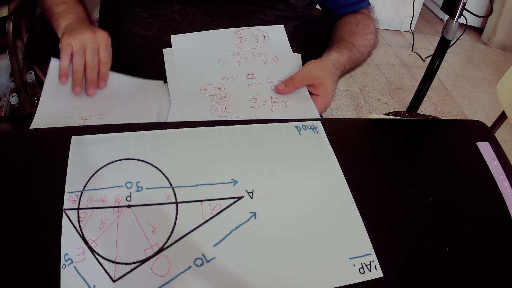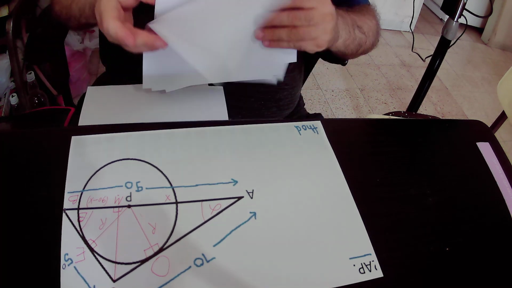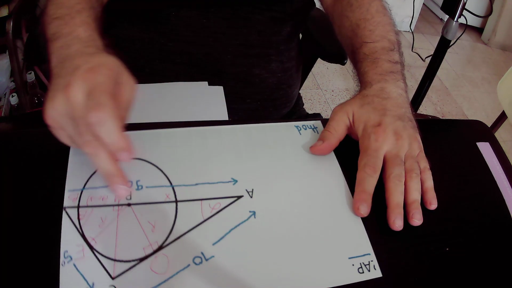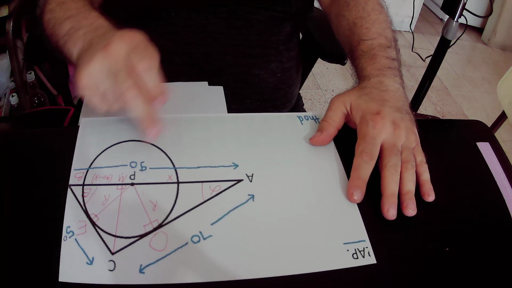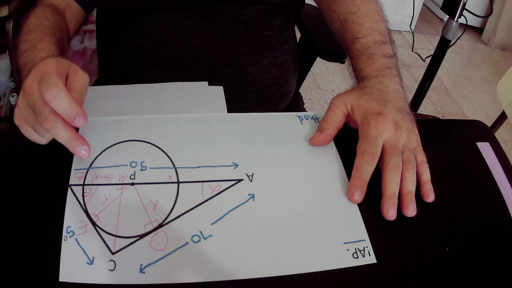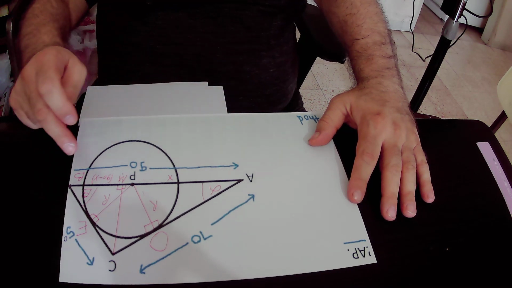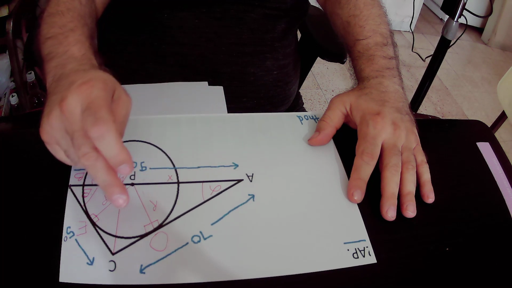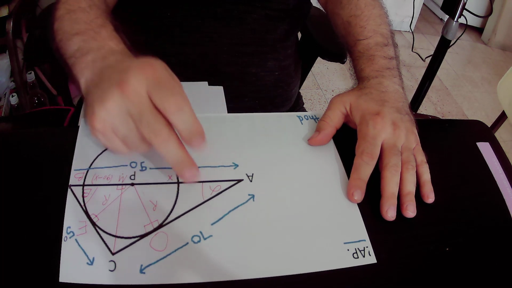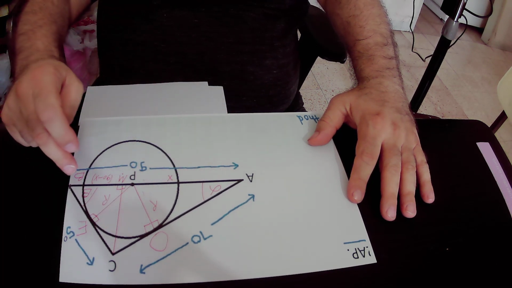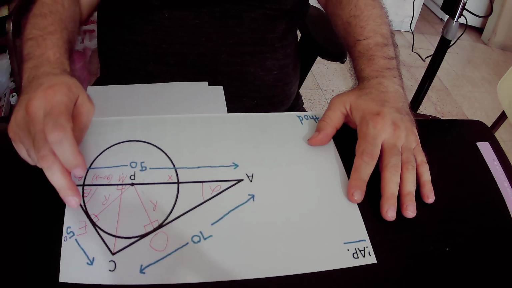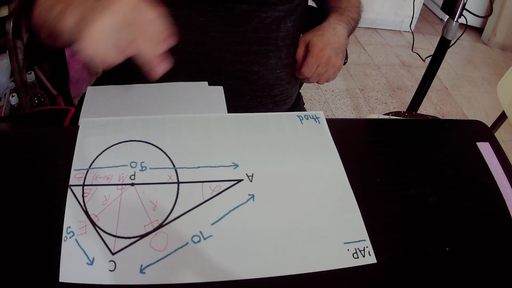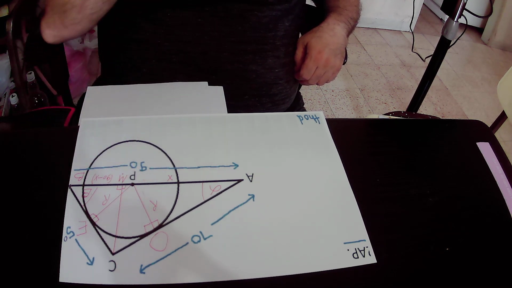As you can see from the picture, we have triangle ABC. The size of side AB of the triangle is 90 units. The size of side AC is 70 units, and the size of side BC is 50 units. And we also have a circle.